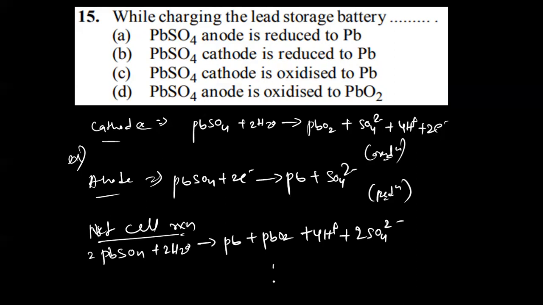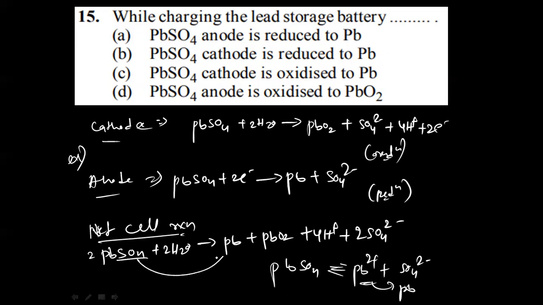How can we say that? Here we can observe the oxidation state of Pb in PbSO4. So we know that on dissociation, it gives Pb2 plus and SO4 2 minus. So the oxidation state of Pb in PbSO4 is Pb2 plus, which is reduced to Pb.